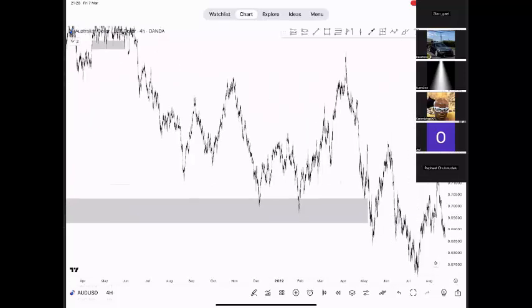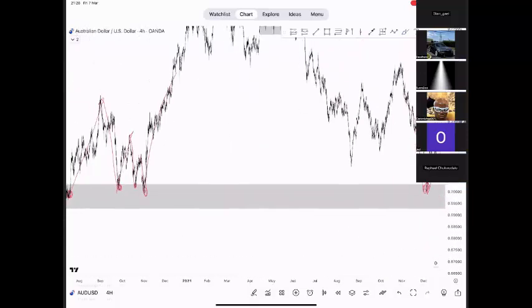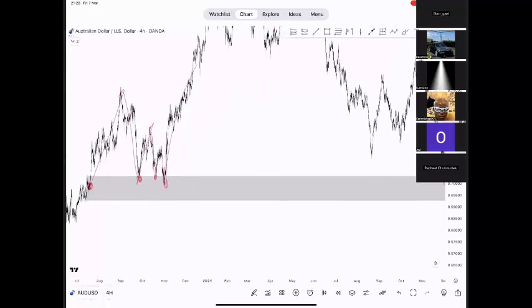Now it came back into this level after everything it did there, and what happens? It buys. It comes back again for the 6th time, it buys. Comes back again for the 7th time, buys, before eventually being broken. This is a perfect example of a support zone, right?